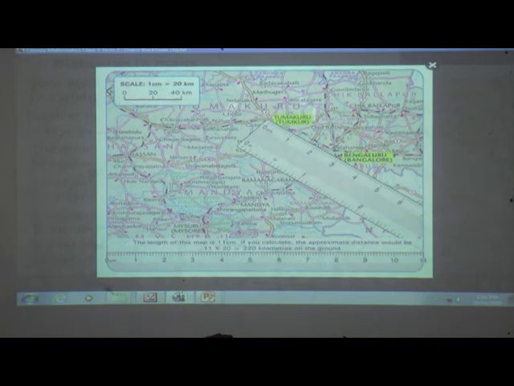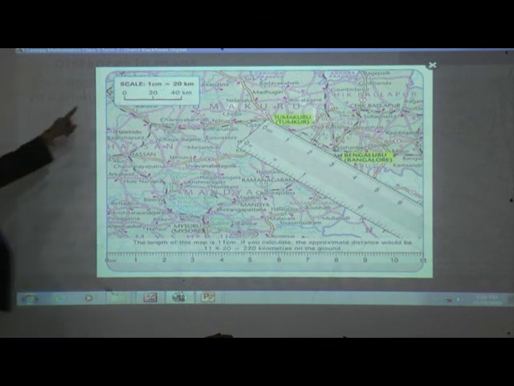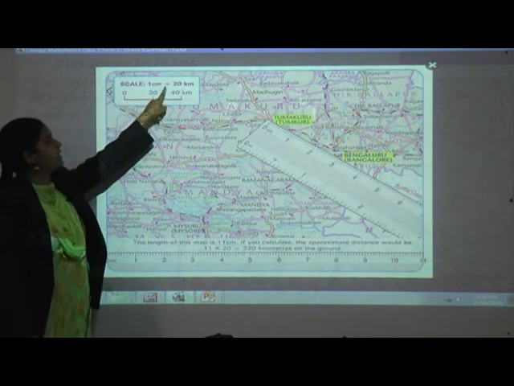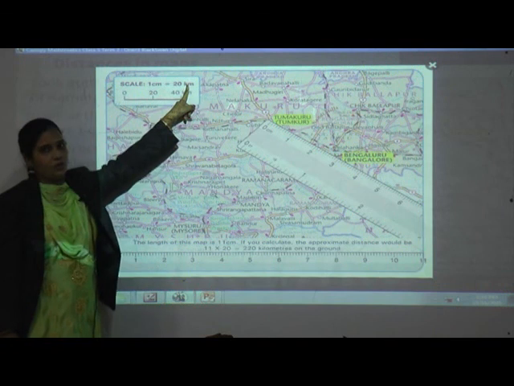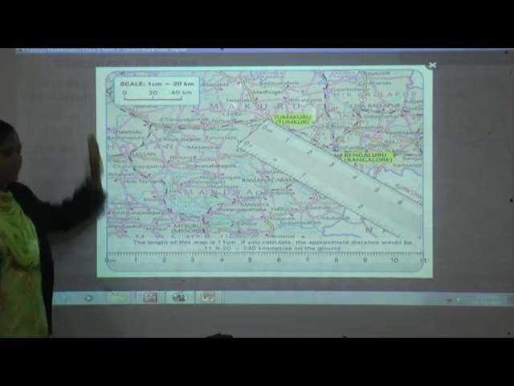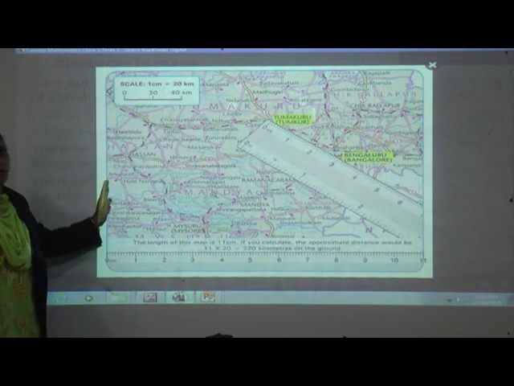Now students, look at the scale marked on top. It says 1 centimeter is equal to 20 kilometers. So this is the scale of this particular map.